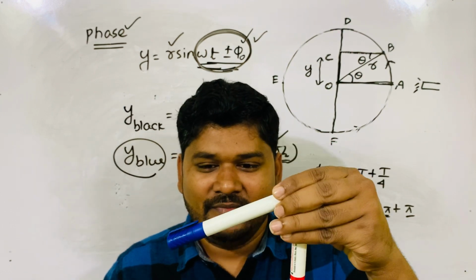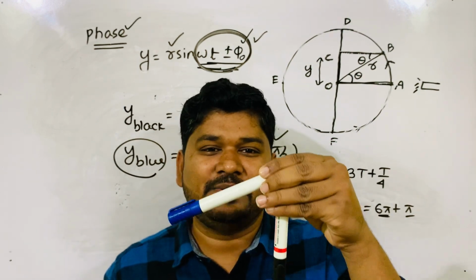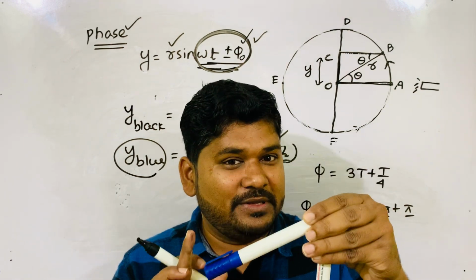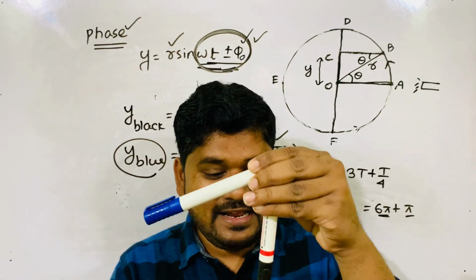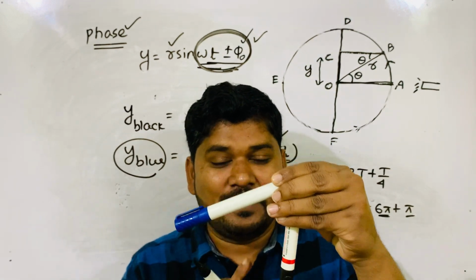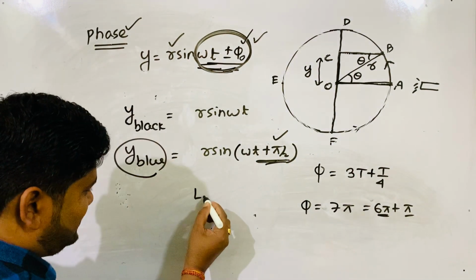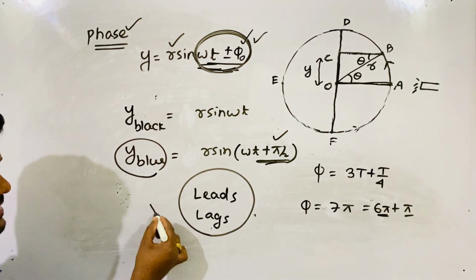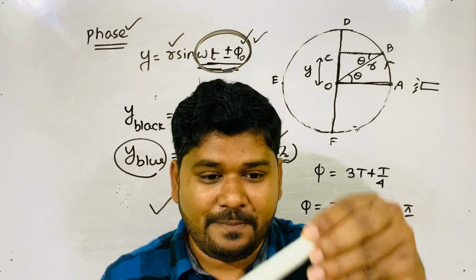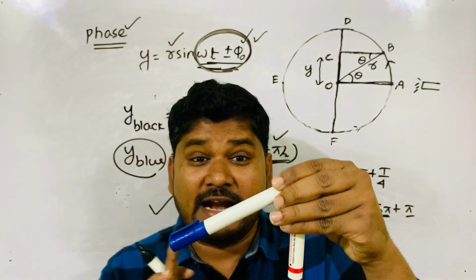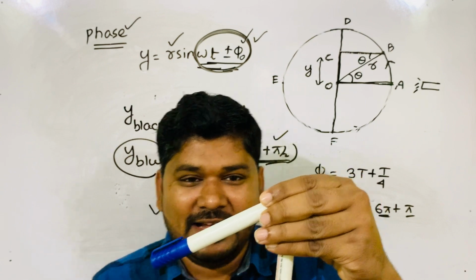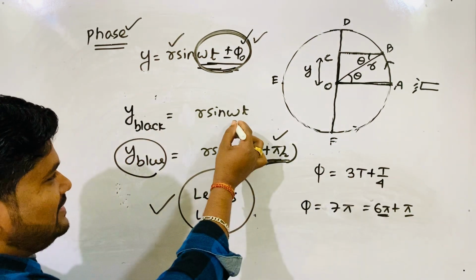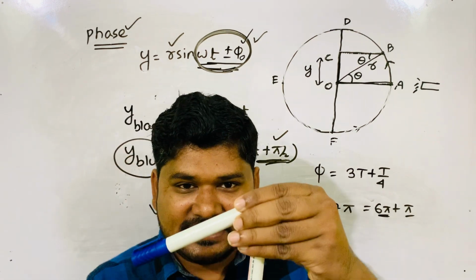Black marker lags the blue marker. Leads, lags. In the wave chapter, these are very much required when you compare two oscillations at a time. The blue marker leads by pi by 2 and the black marker lags.